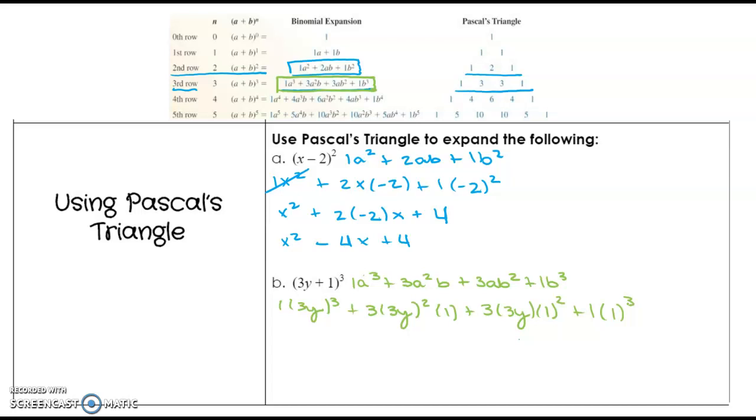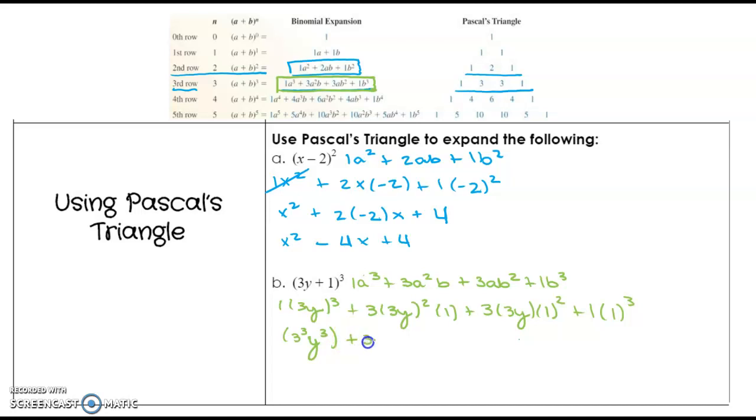All right, so now let's break this down a little bit further to simplify. If I have 1 times 3y to the third, I'm going to do the exponent first, and so whenever I have 3y to the third, I really have 3 to the third times y to the third. So let's just go through and simplify it that way to the rest of my terms.